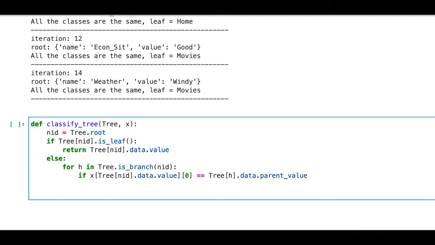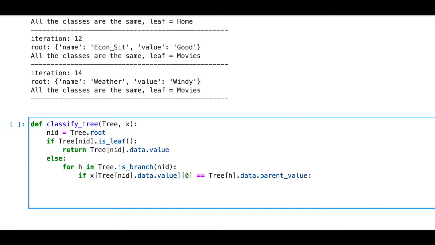So if that happens, it means that we need to go down in that direction. So we are going to return the same function. We are calling the subtree of this ID, which is H, right?